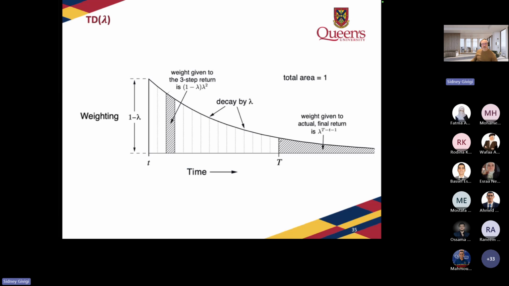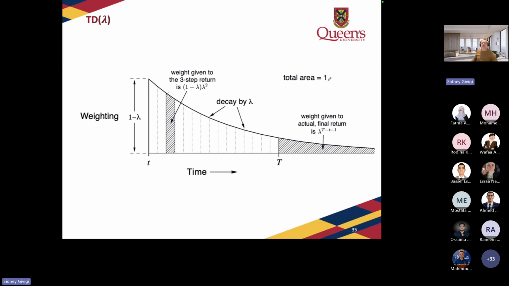And when we get to the final state, the terminal state, this is going to be the remaining value. You can think of this as an integral that is related to the value of more importance, and the area under this curve is going to be equal to 1. So that's another interpretation of this.